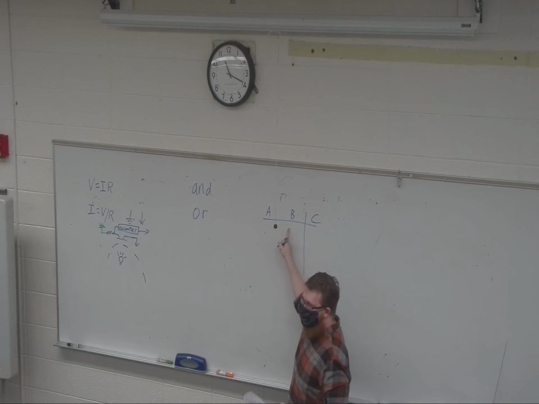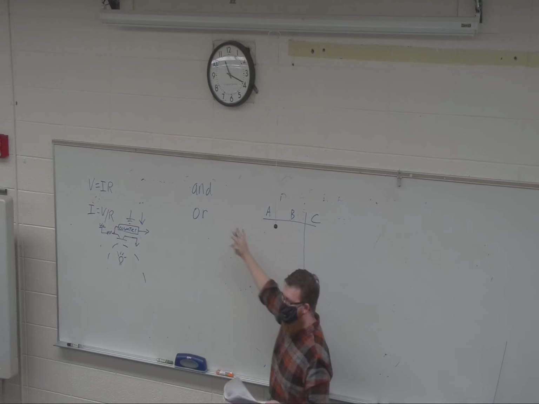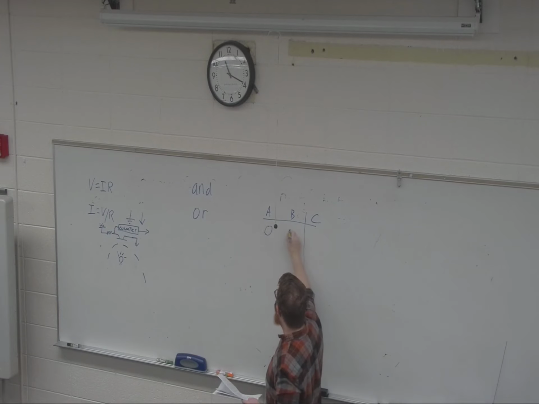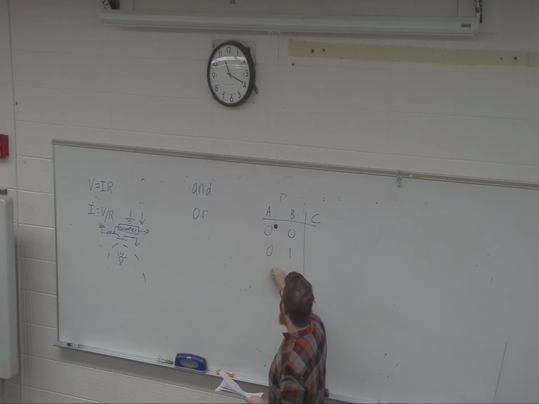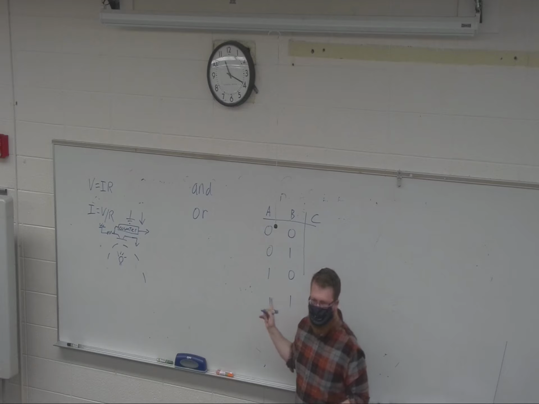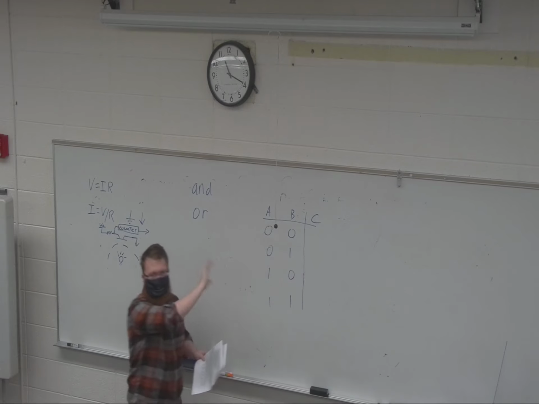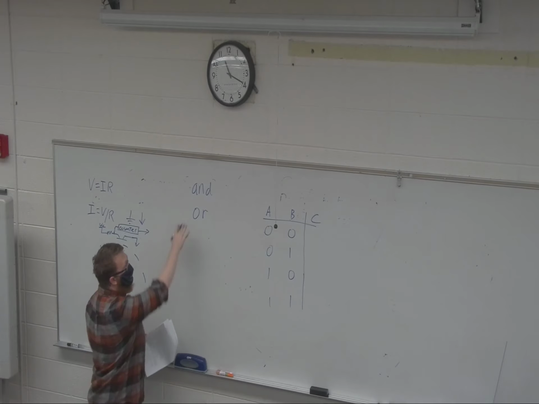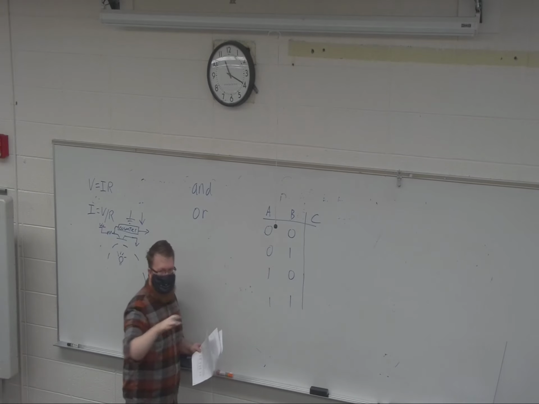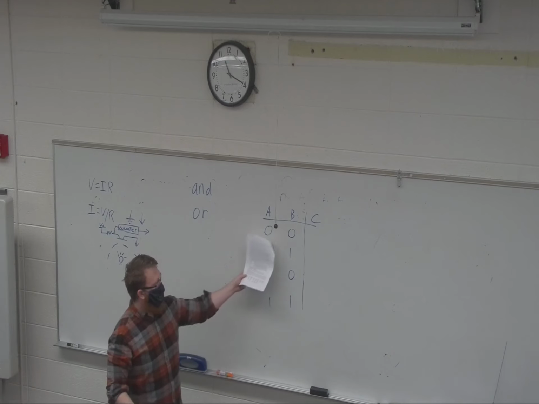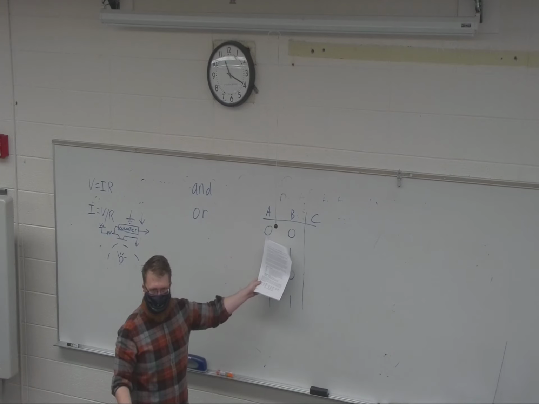So A and B, we might be saying, in those digital states, that one of these is a logical high and one of these is a logical low. But let's just count through: 0, 0, 0, 1, 1, 0, 1, 1. Binary counting, we're going to do a lot of this. Now C is some output, and we're going to compare this. So we're looking for A and B, and we're checking to see if that's true. So A and B, no, neither one.